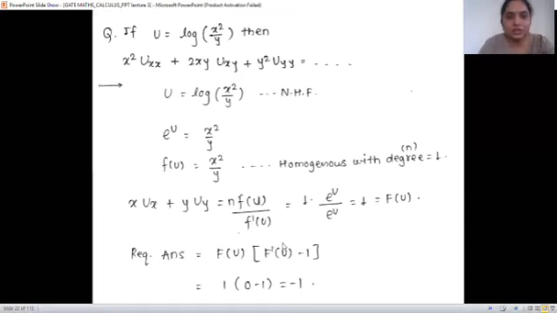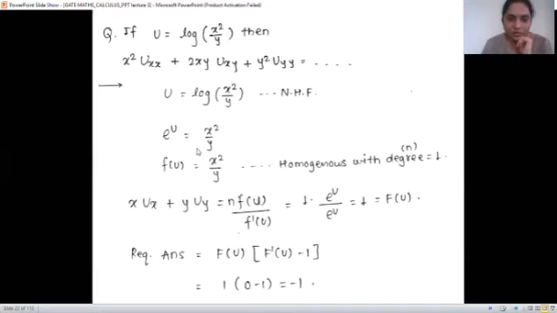Try to write the given function as a function of u. That is, we have to write the function of x and y separately, and for that we write f of u. If we take e raised to the power on both sides, it will be e raised to u and e raised to log of something.